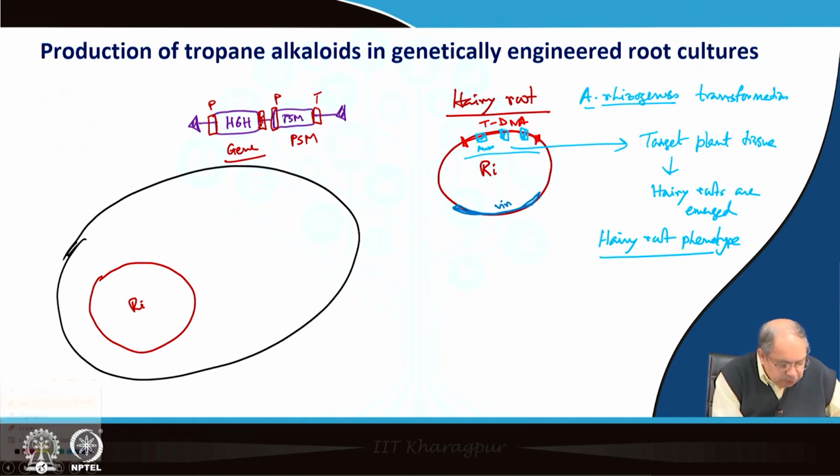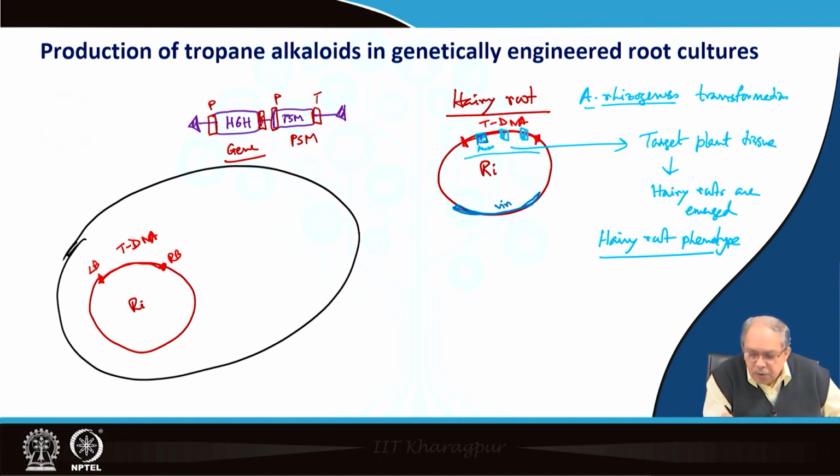The RI plasmid contains its own tDNA, right border and left border, and it contains several genes, for example the genes for auxin synthesis, and also several Rol genes, which determine the phenotype of the hairy root.